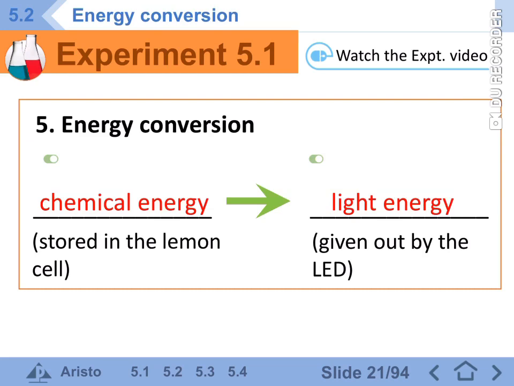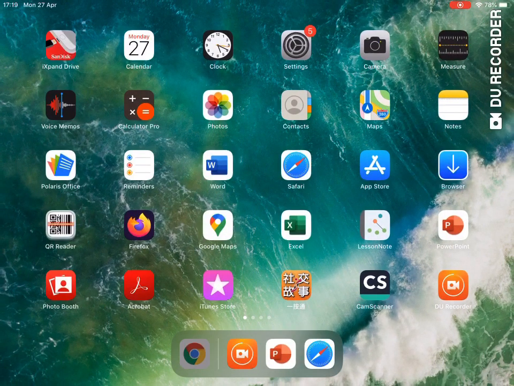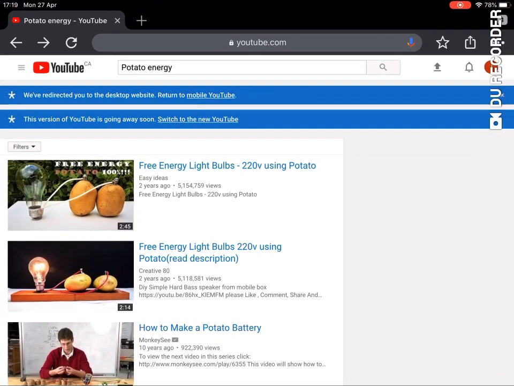And just as a side note, you can use other things as well. Here, a potato can be used. And in India, they found a cell that uses grape juice. So let's take a look at the potato one.